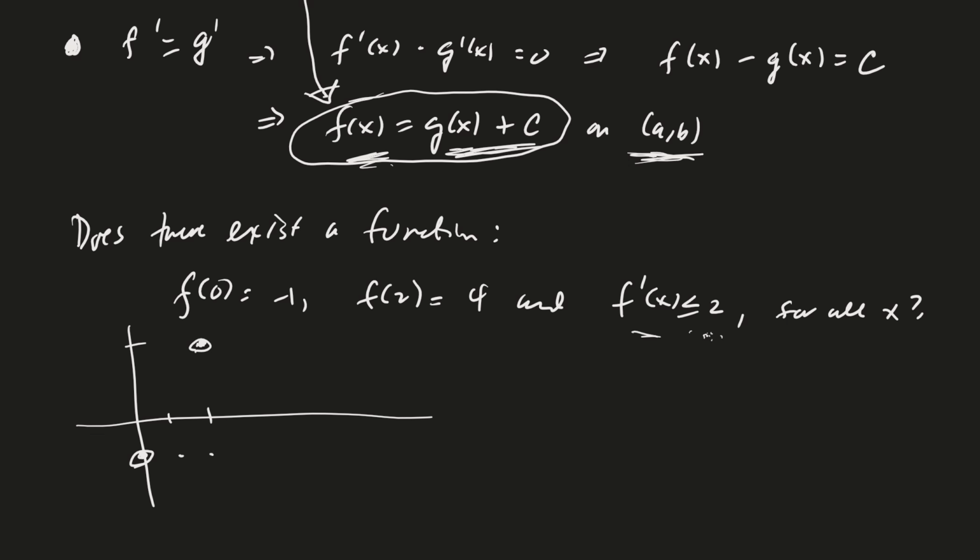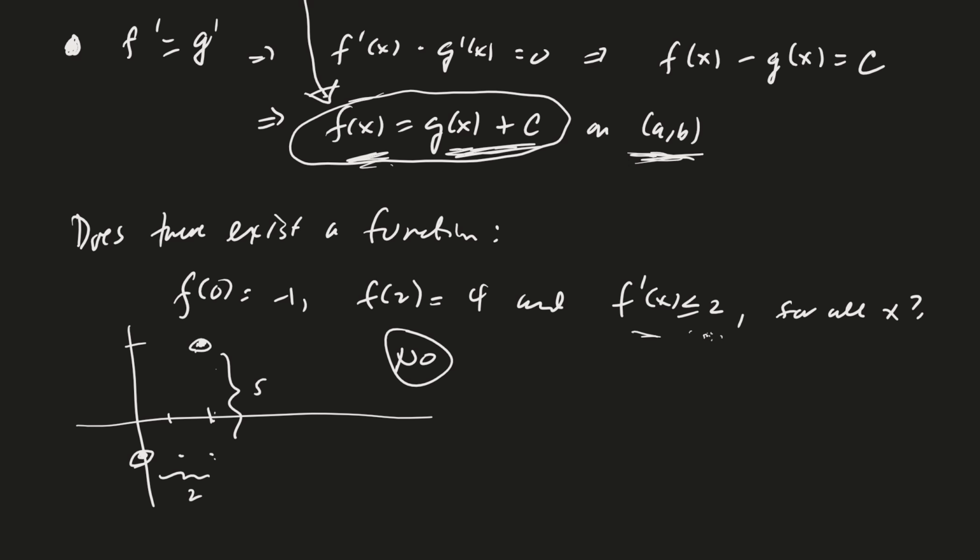That's 1, 2 over, and 1, that's 4, and 1 is 5. So this is height of 5, and this is height of 2. That's not going to happen, right? No.